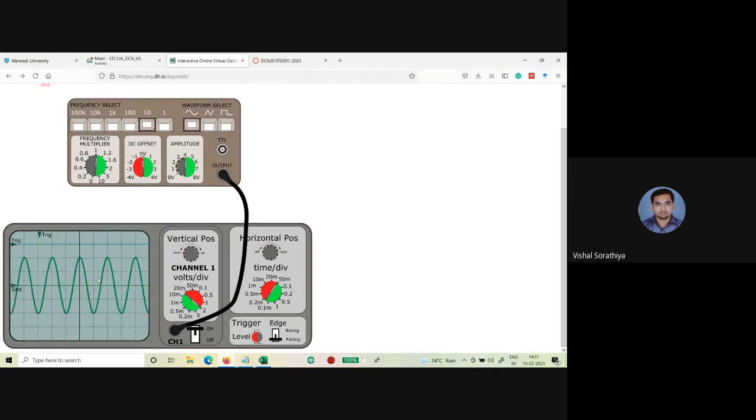Now to make it constant or steady, you need to set your oscilloscope triggering level equal to a value between the minimum and maximum amplitude.